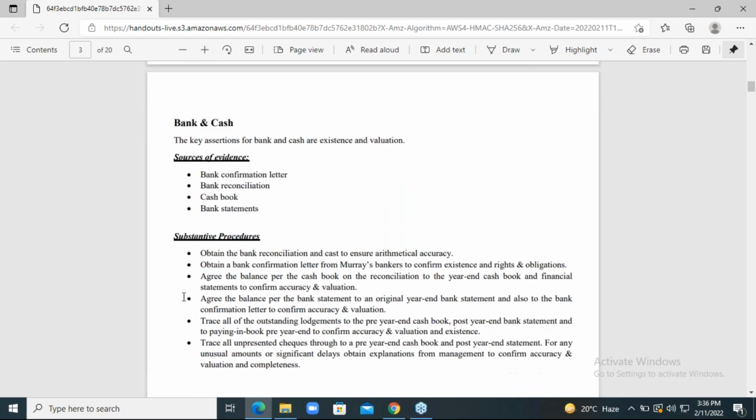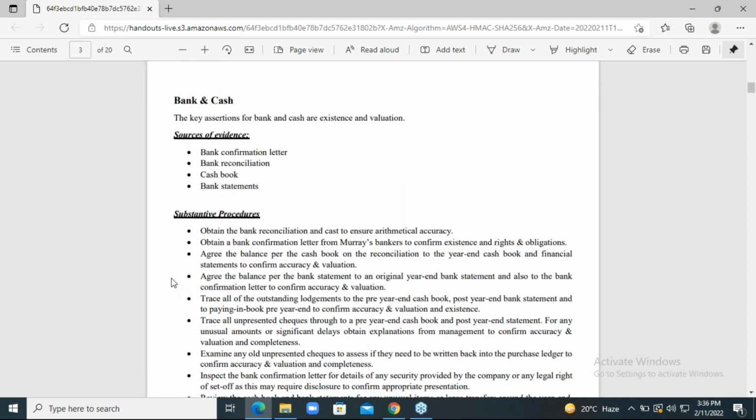Now, if you want to, first of all, understand how to write procedures by your own concept, this is your first target, that you should understand the concept of every head in the financial statements and the assertions behind it. You should be able to identify the relevant assertions.